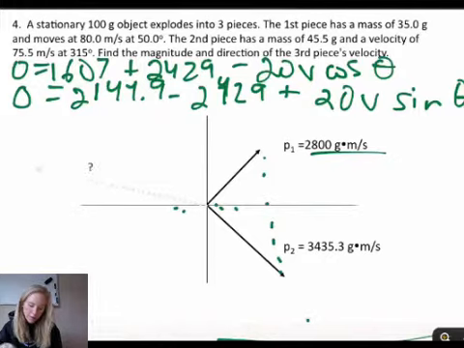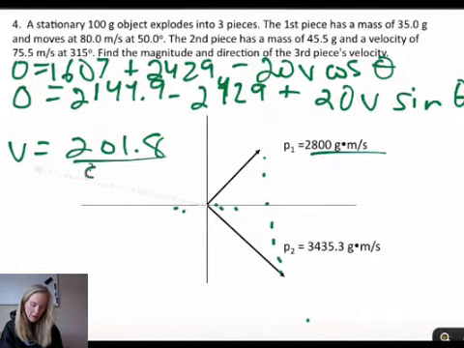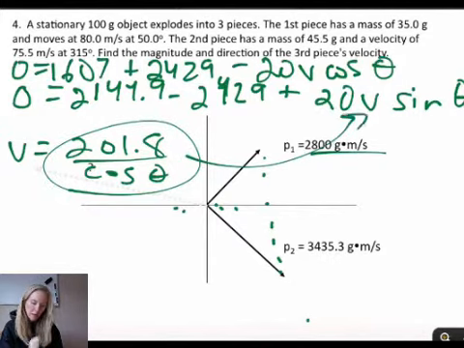So take the first one, and I'm just going to simplify it some. 1607 plus 2429 divided by 20. So V equals 201.8 divided by cosine of theta, which we can plug in for V in the second equation.